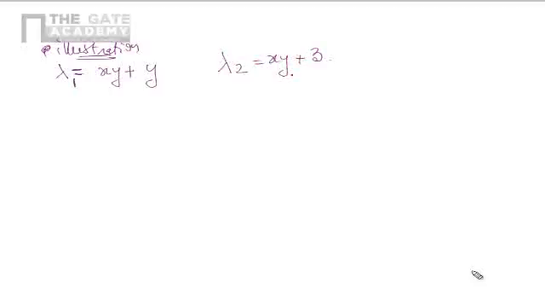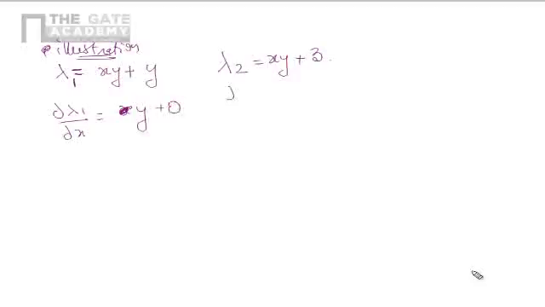Now, what is dou lambda 1 by dou x? It is x. I'm sorry. It is y, not x. That is xy, y is a constant. x on differentiation will give me y. This y on differentiation partially with respect to x will give me 0.